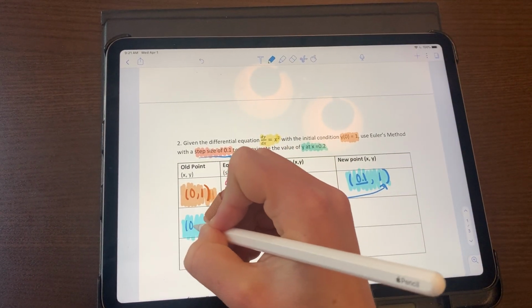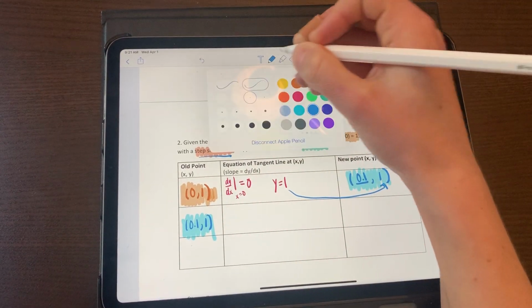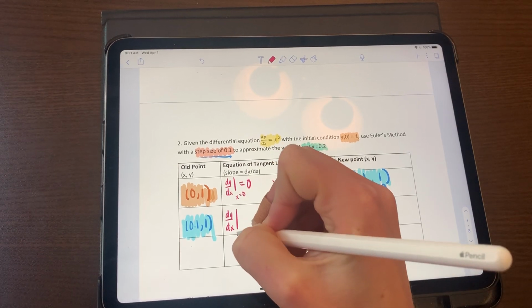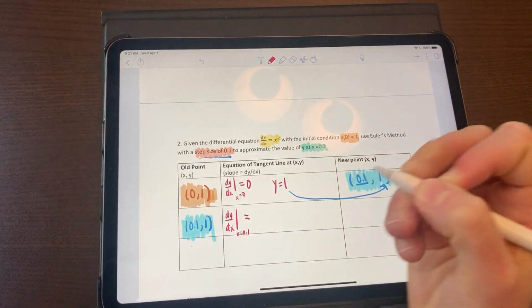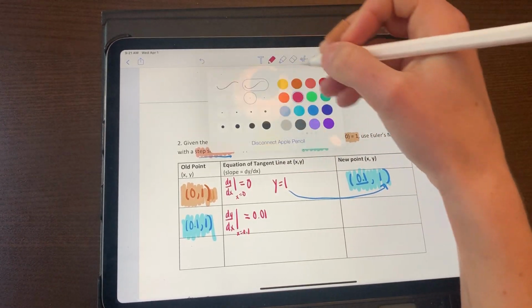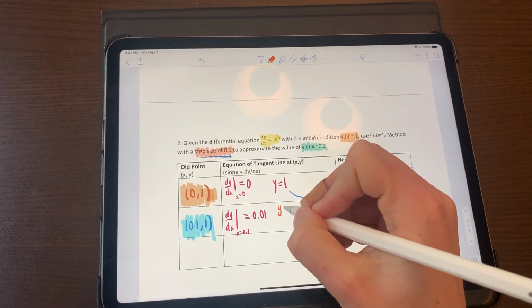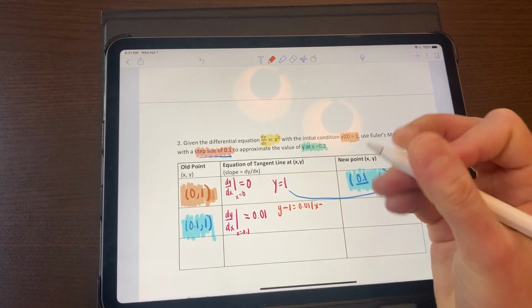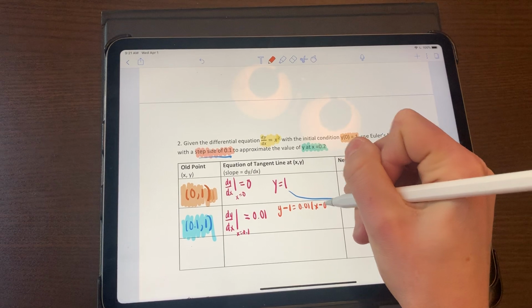We have (0.1, 1). We need to find the tangent line at this point. So at x equals 0.1, that's going to get us a slope of 0.01. So we'll write out a tangent line for that: y minus 1 equals 0.01 times x minus 0.1.